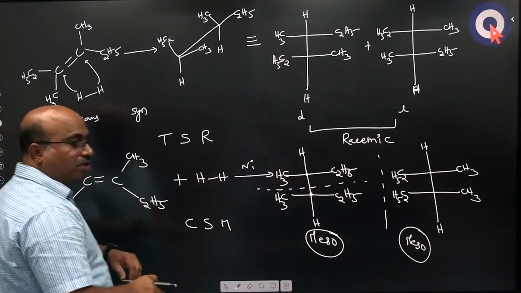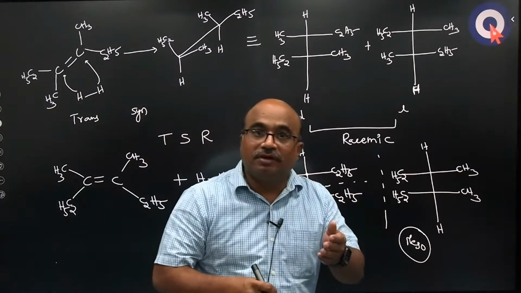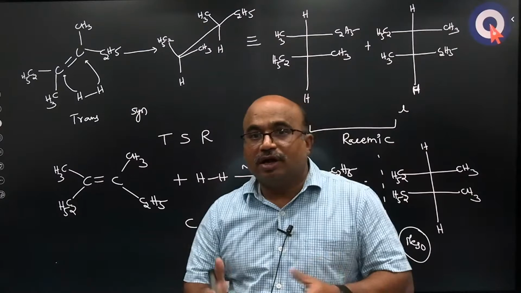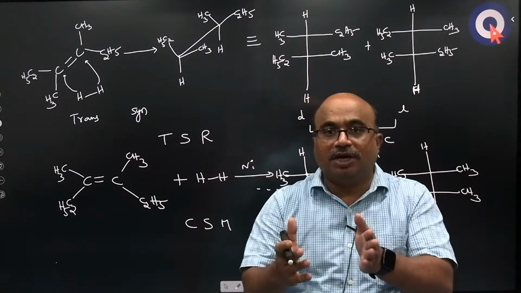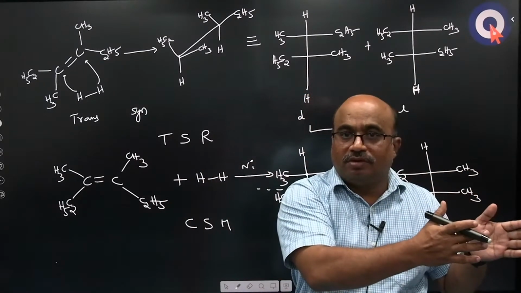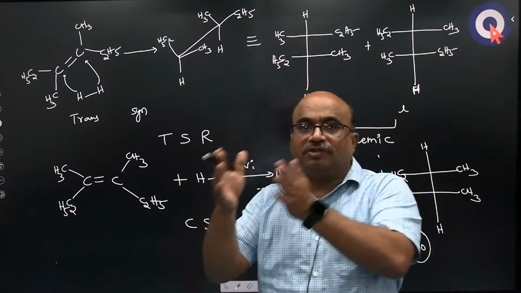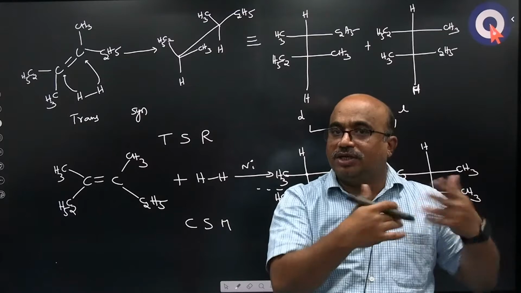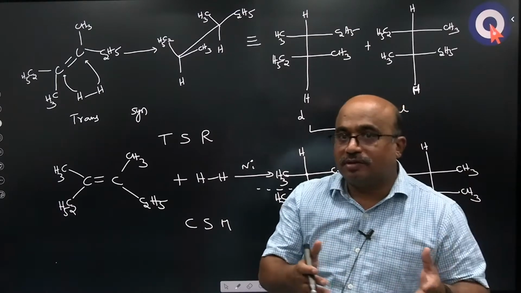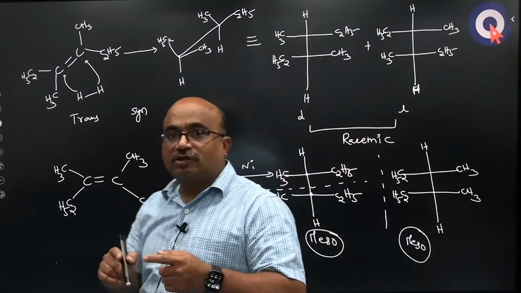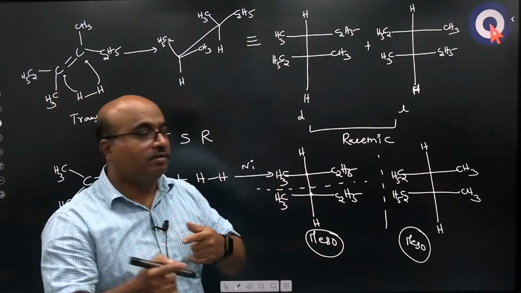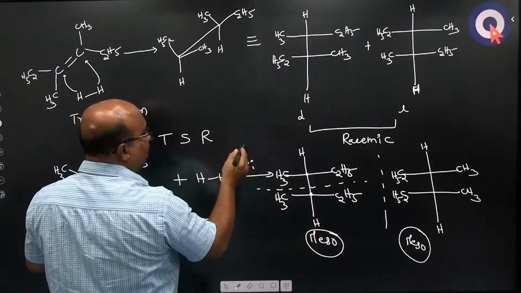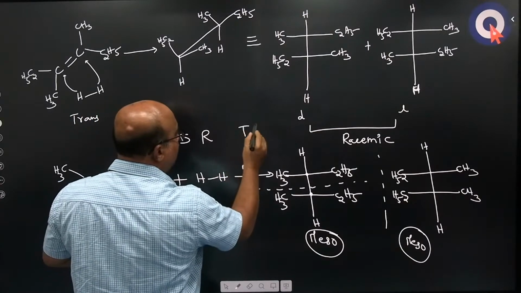The same abbreviation we also use in elimination cases, or any case where a racemic mixture with a syn elimination will give the trans compound. A meso compound with a syn elimination will give the cis compound. Similarly, we sometimes do addition by anti as well. So it's a completely reverse order. So we said TSR. Similarly, we can say TAM.